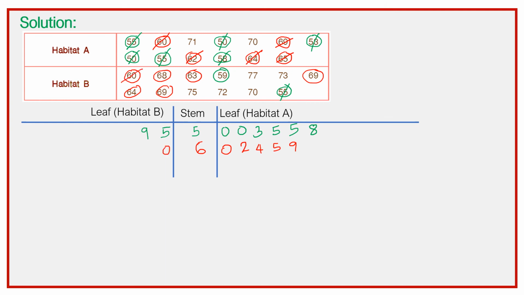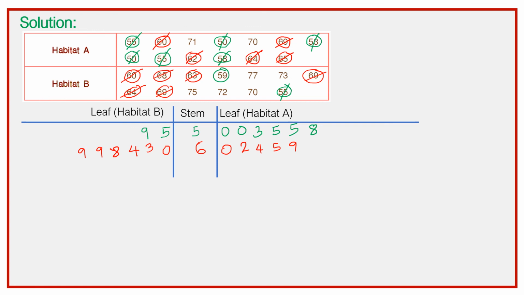Next we write 3 for 63. Next we write 4, that is 64. Next we write 8, that is 68. Then we write 9 and 9 for 69.